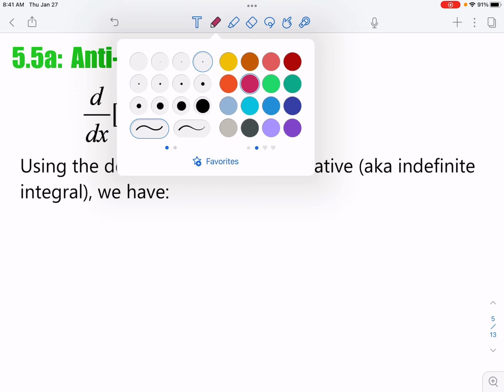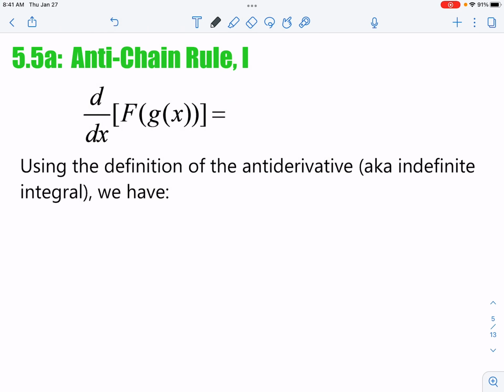All right, so let's remind ourselves of chain rule. If I want to take the derivative of a composition of functions, I'm going to call it capital F of g of x. Then remember we derive the outer, and let's say that capital F is an antiderivative for little f. So when I derive capital F, I get little f of x, we hold the inside function, and then we multiply by the derivative of the inside function.